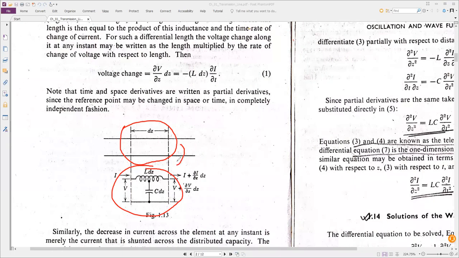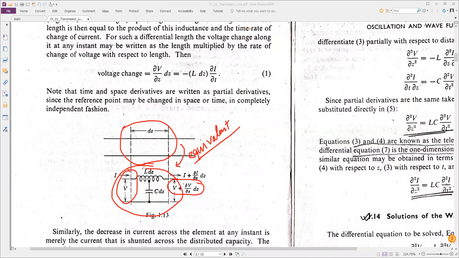Here the voltage is V. After passing the distance dz, the voltage changes to this one.